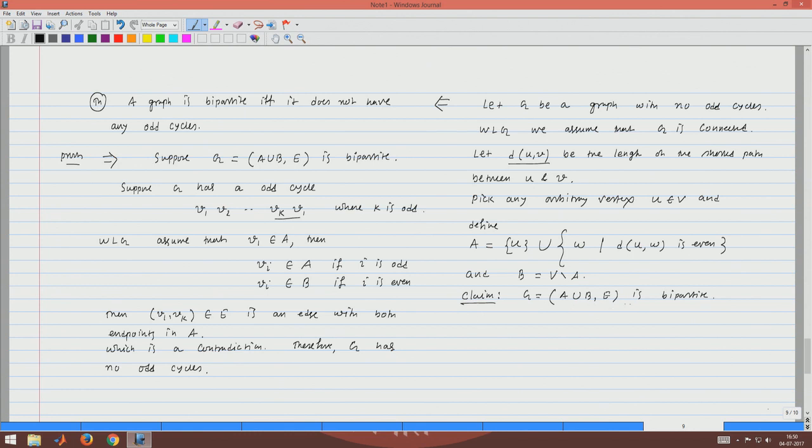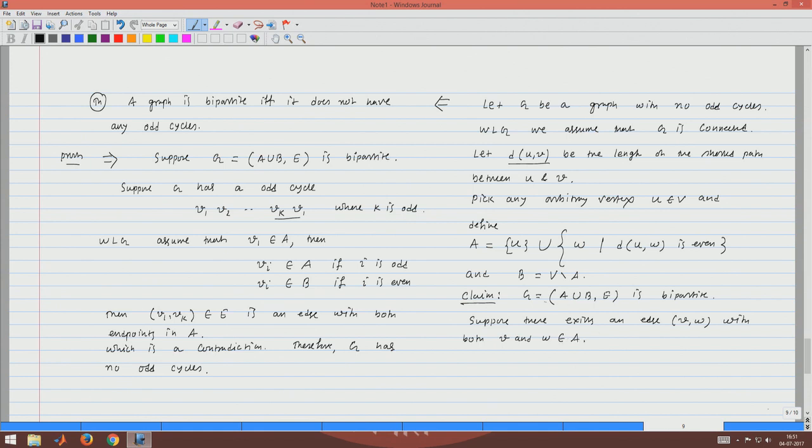Okay. This is our claim, but we need to prove that. So, to prove that this is a bipartite graph, suppose there exists an edge vw with both v and w in A. This is not allowed.